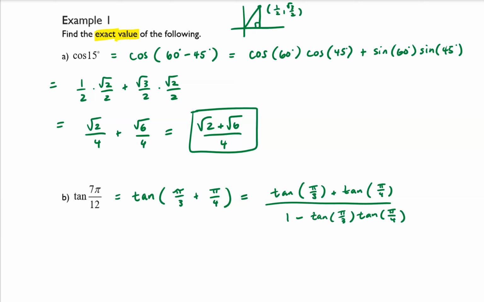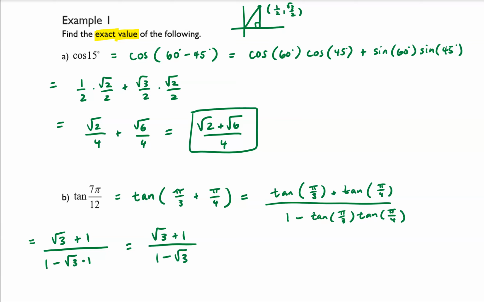I didn't do any calculation or anything there. So now tangent of pi over 3 is equal to the square root of 3, and tangent of pi over 4 is equal to 1. So I'll fill in those values. So that's going to give us the square root of 3 plus 1 over 1 minus the square root of 3.